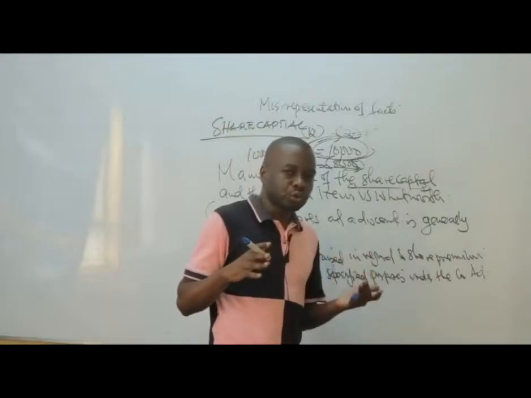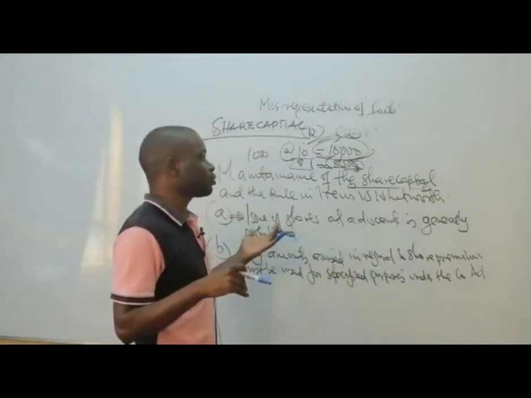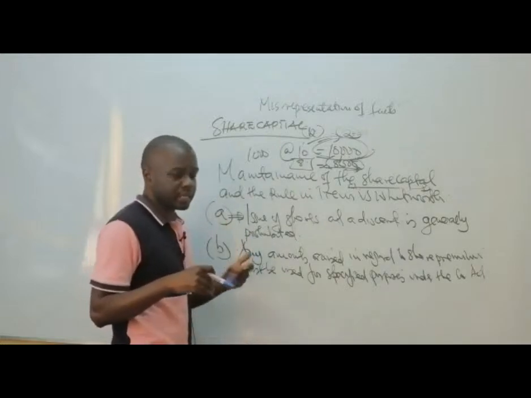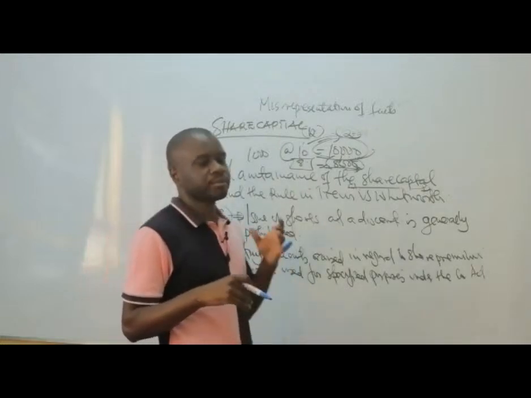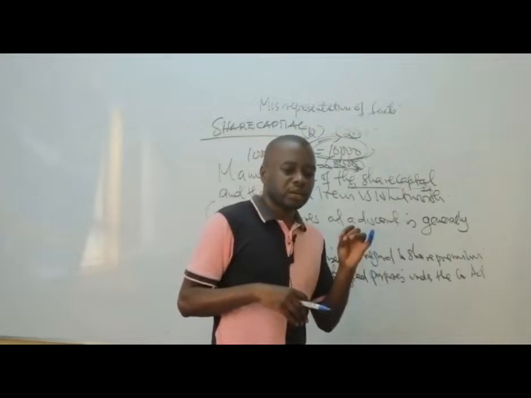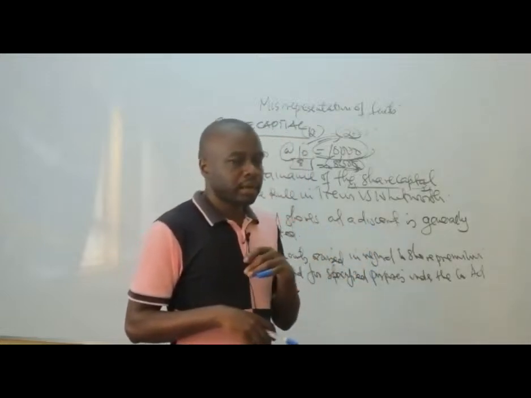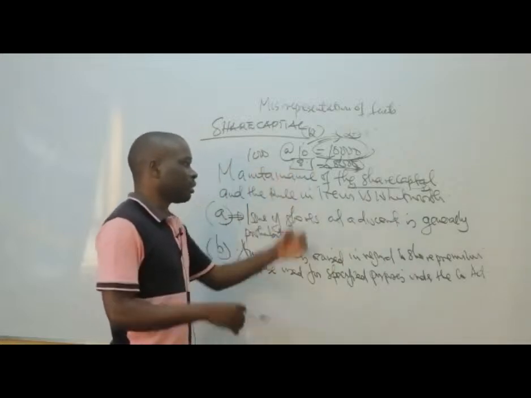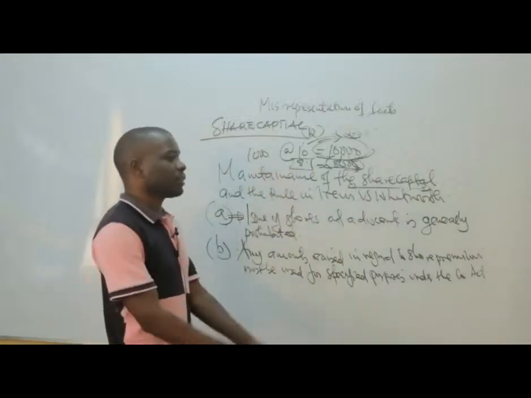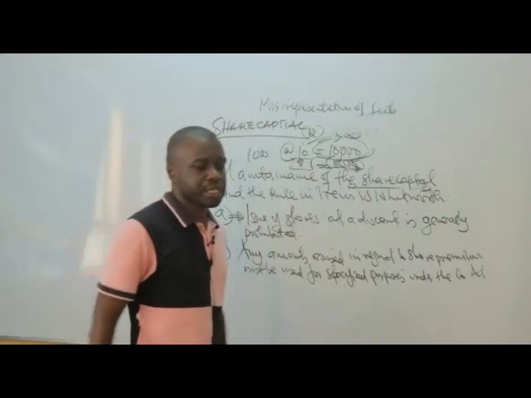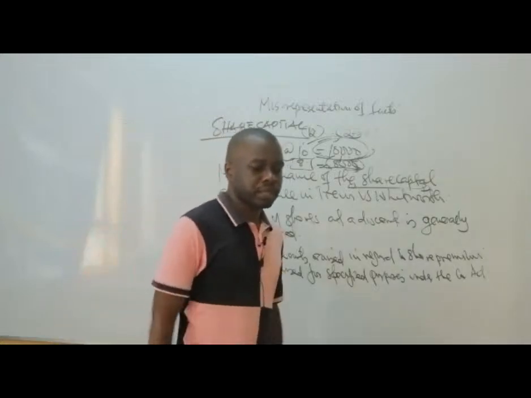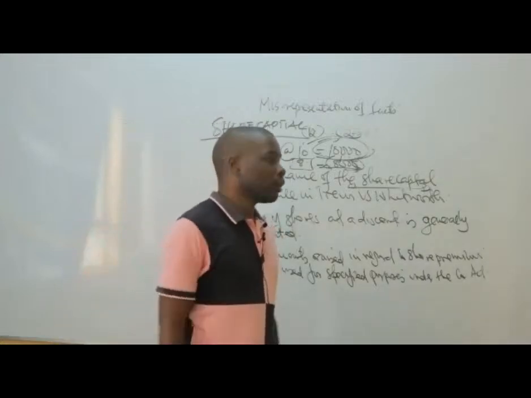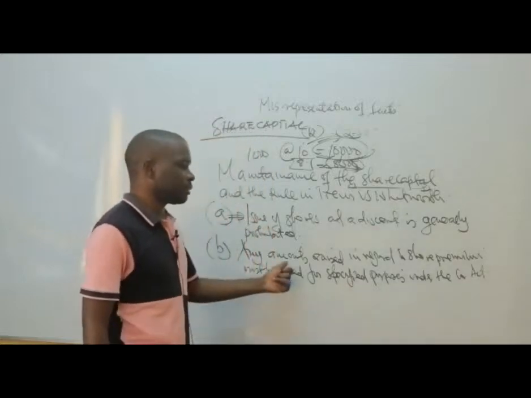For example, I told you this particular premium can be used to eliminate the preliminary expenses of the company. Those expenses incurred by the company during the formation process can be taken from the share premium account. Also, if the company is redeeming preference shares at a premium, that particular premium can be covered from the share premium account.